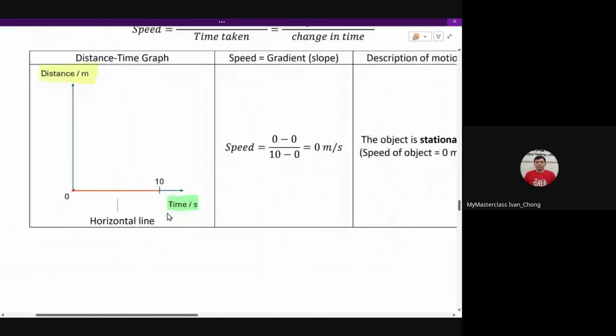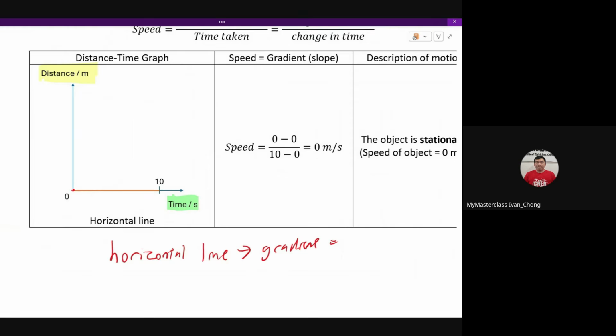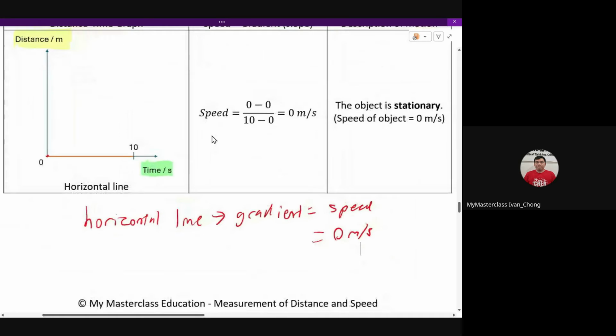So if you see a horizontal line, your gradient must be 0. Because your gradient is your speed, it is 0 meters per second. So you can say my object is stationary, it is at rest.